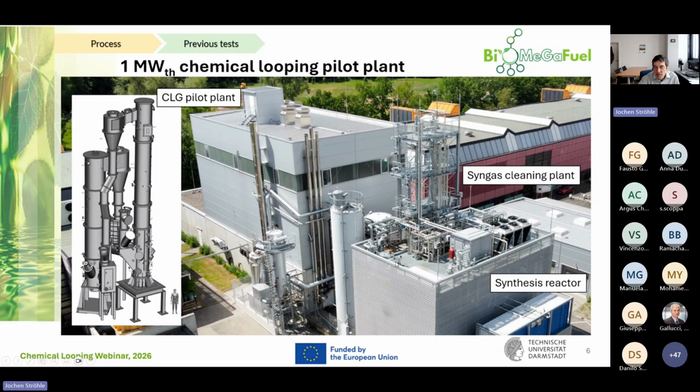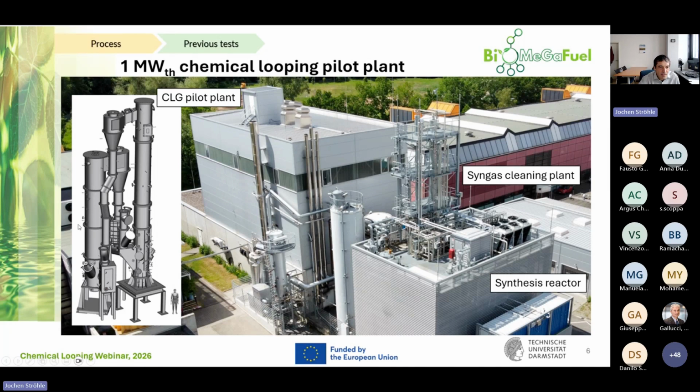It contains various steps for syngas cleaning, and at the very end, an amine scrubbing system to remove the CO2. And these are the columns you can see here. And then we also have possibilities to test for synthesis, like Fischer-Tropsch or methanol synthesis, in these containers you can see here.